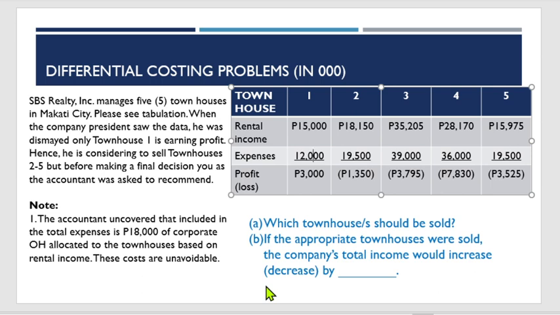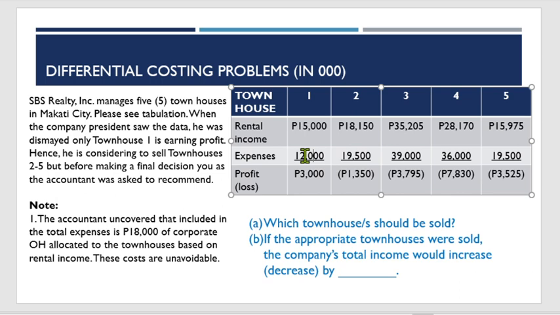So you have to analyze whether we are going to sell that particular townhouse or maybe other items. Sir, how do we do this? It means the expenses that are lumped together here have a portion that is avoidable and a portion that is unavoidable.